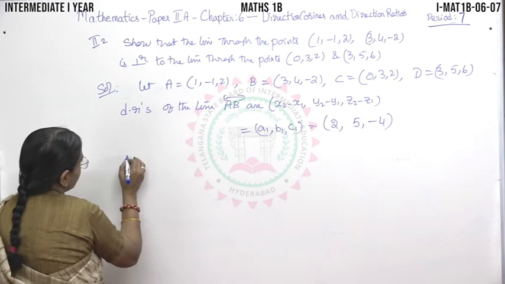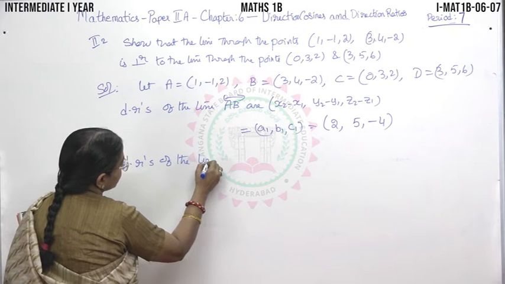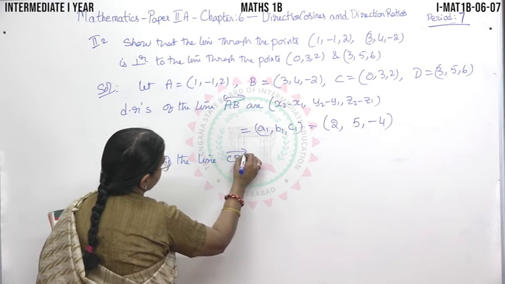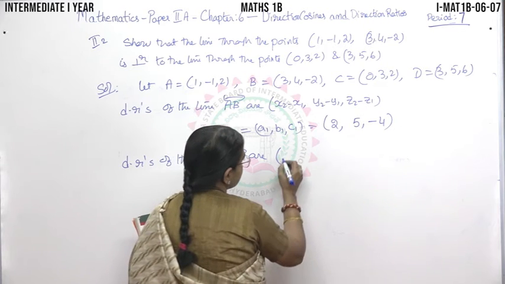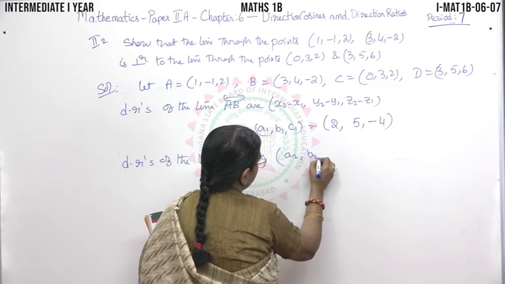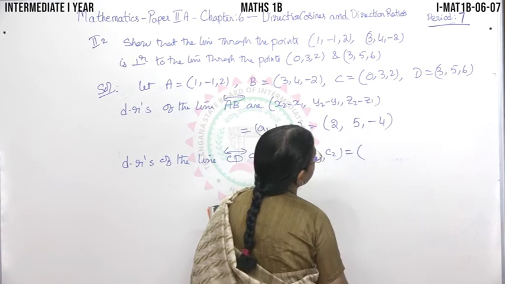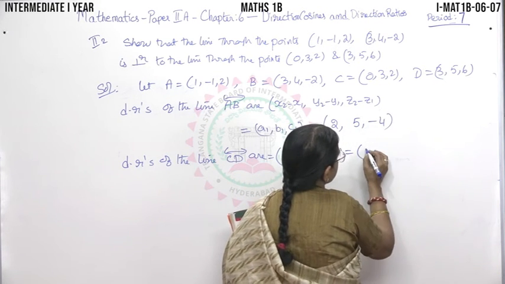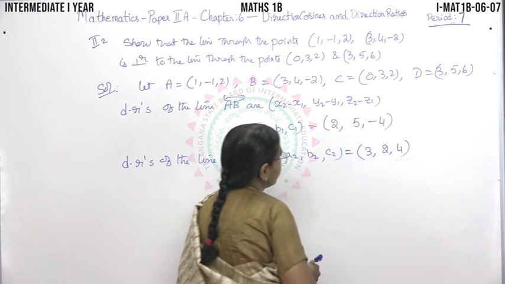Now we'll write the direction ratios of the line CD. Again the same formula. We'll take them as A2, B2, C2. That is 3 minus 0, which is 3, 5 minus 3, 2, 6 minus 2, 4.